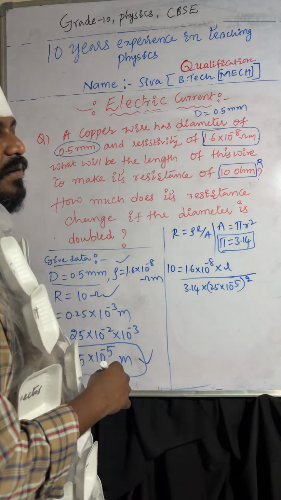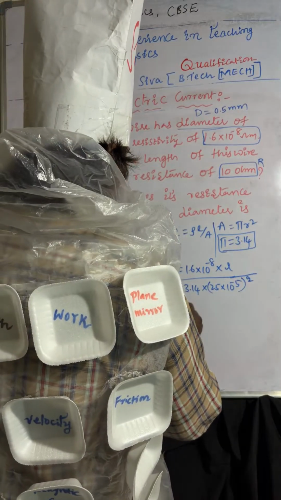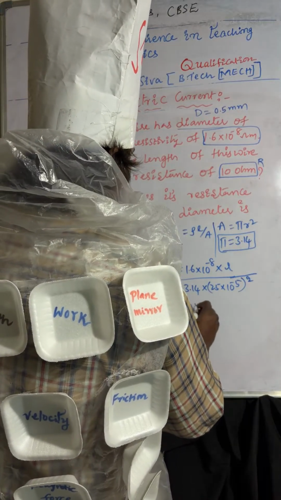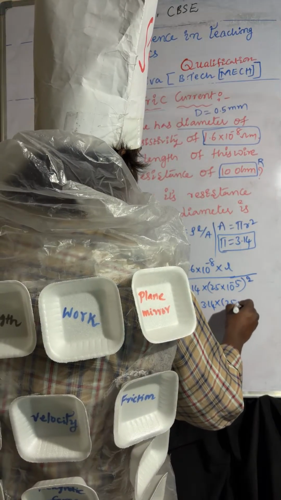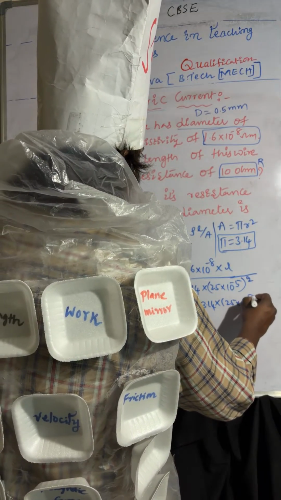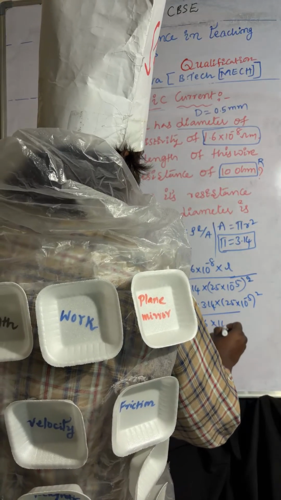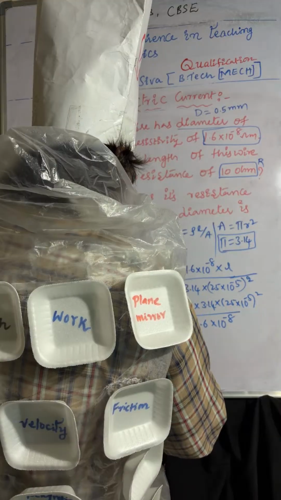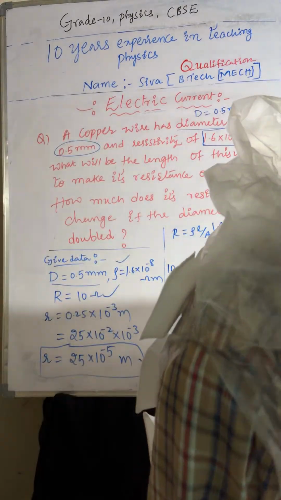Length we have to find out, right? So L equal to 10 into 3.14 into 25 into 10 power minus 5 whole square by 1.6 into 10 power minus 8. If you solve this one, how much will you get after solving that?